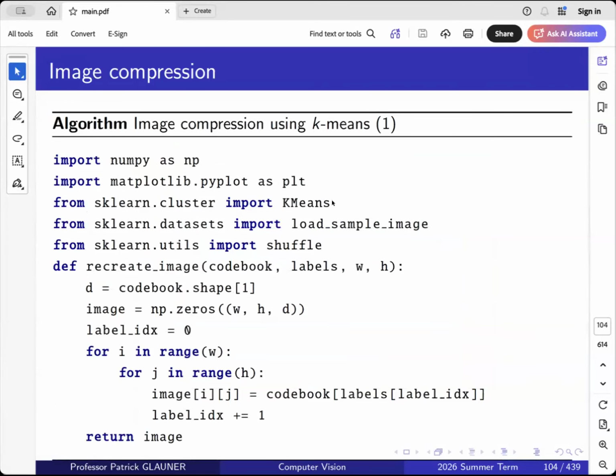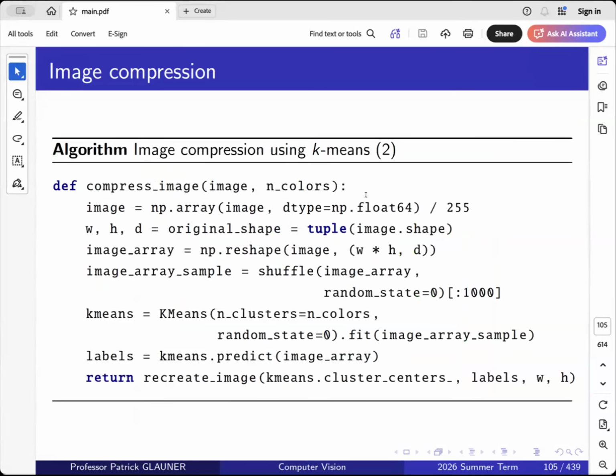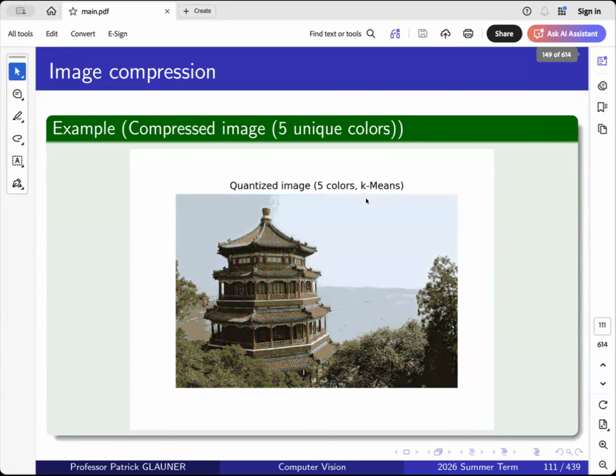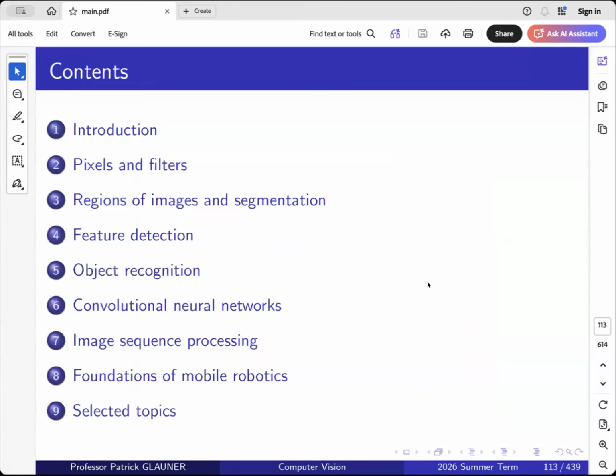Feel free to run this on other images, with a different number of clusters, whatever. It's a really cool example of how we can use clustering to very efficiently compress an image. Now we have finished regions of images and segmentation.